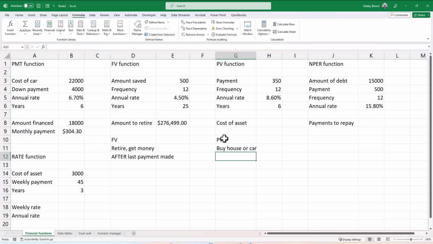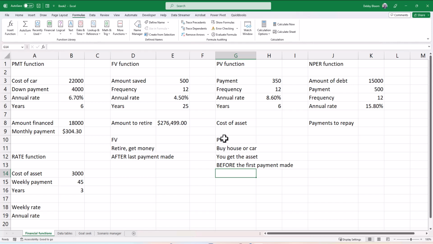And when you buy a house or a car, it's not like you make 5 years of payments or 30 years of payments and then you get the house or the car. You get the house or the car before you ever make the first payment. So that's basically the difference between an FV problem and a PV problem.